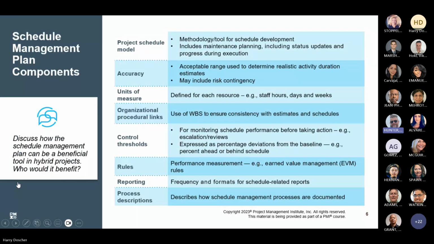A lot of components to the schedule management plan. The model that's going to be used to develop the schedule and maintain the schedule, including what tool is going to be used, if any, or including things as basic as Excel spreadsheets.